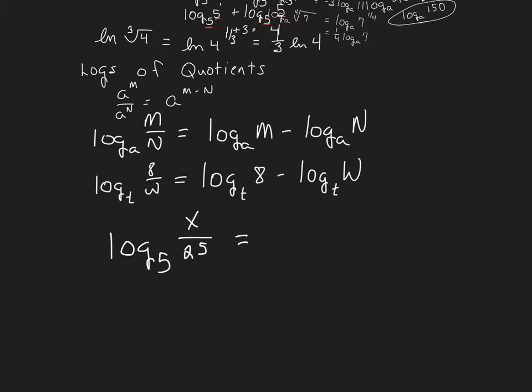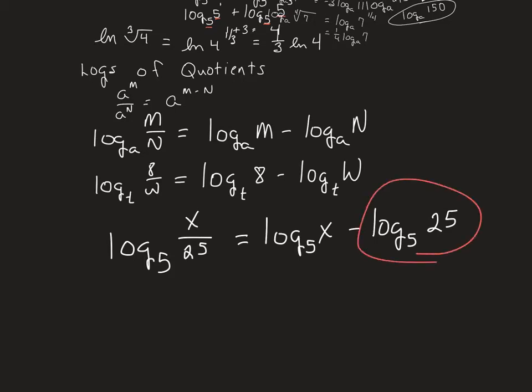Because we're dividing, it's going to be a difference. We're going to have the log base 5 of x minus the log base 5 of 25, but I'm not done yet, because here I can simplify some more. And when you can simplify, you need to simplify.